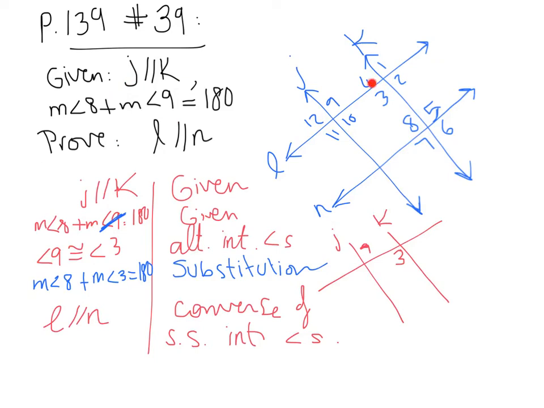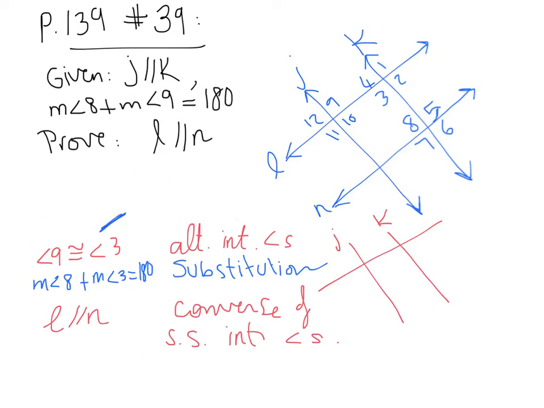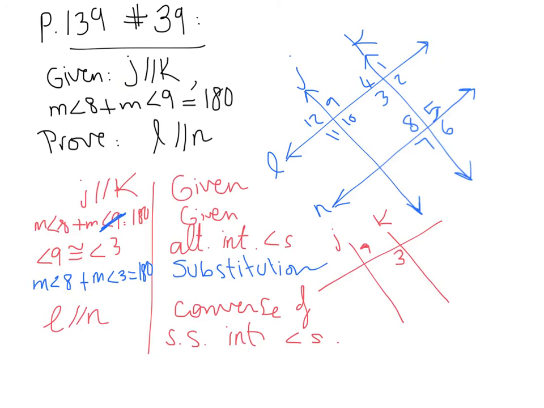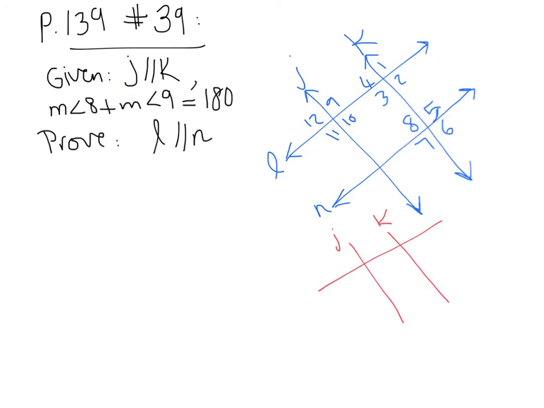Then we get another way, we can use angle 4. So I'll go ahead and erase that diagram so that I can do it in another way. Oops. So we'll go to angle 4 for just practice. So instead of saying angle 3 is congruent to 9, I'll work with 9 and 4. In that case, they're supplementary, same side interior.